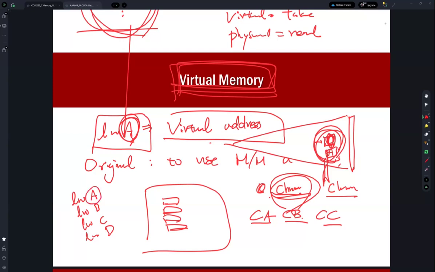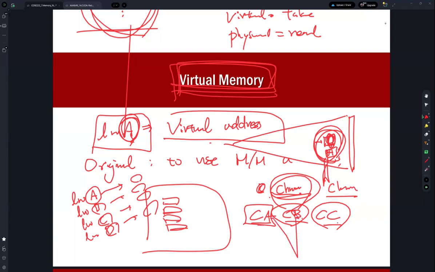So A is accessing some data, B is accessing some data, C is accessing some data. What's the problem? Because I launched the Chrome browser multiple times, these processes need to access different memory locations, obviously, right?